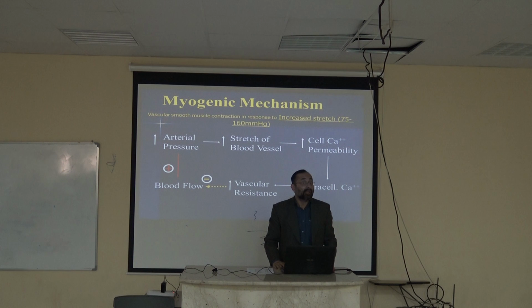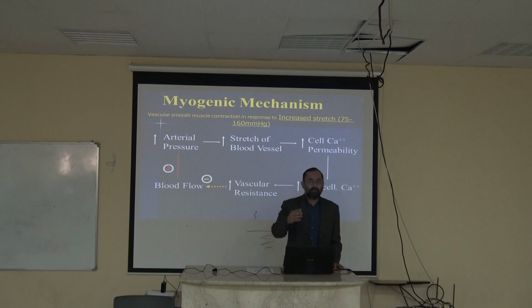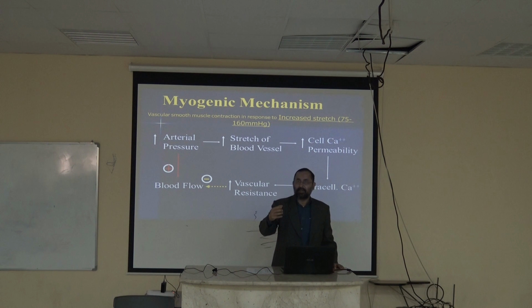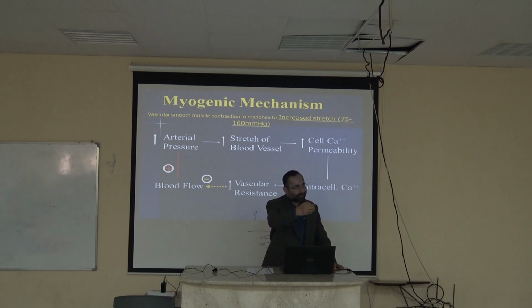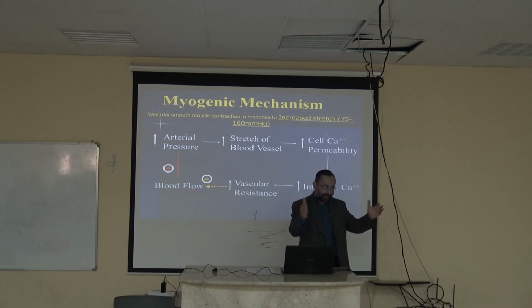If you provide more calcium to the smooth muscles, what will they do? They will contract. When they contract, what will happen to the blood vessel? Yeah, decrease size. After stretching, it will try to get back to its normal size. It will not remain stretched. It will come back and try to oppose the change.